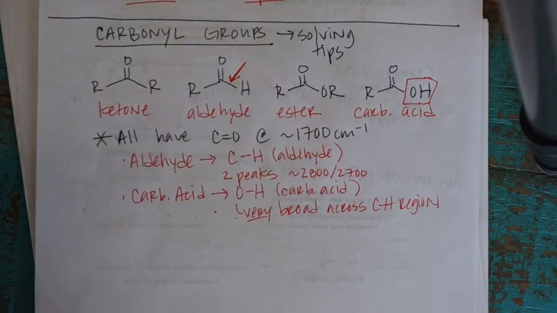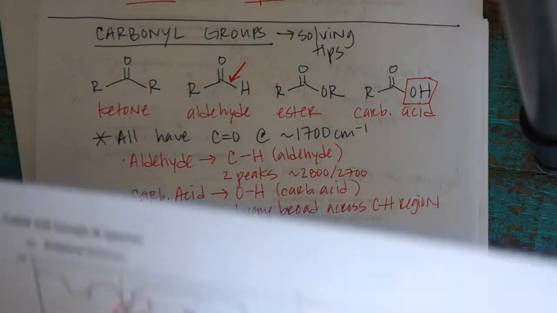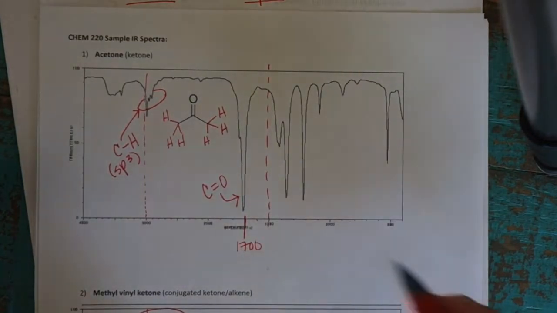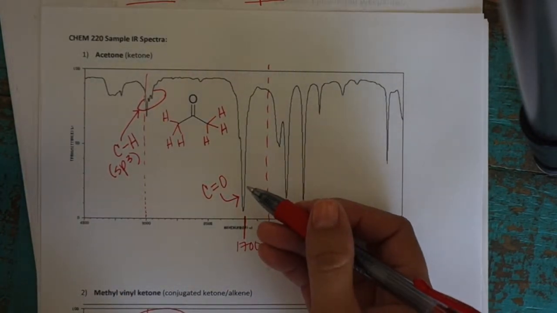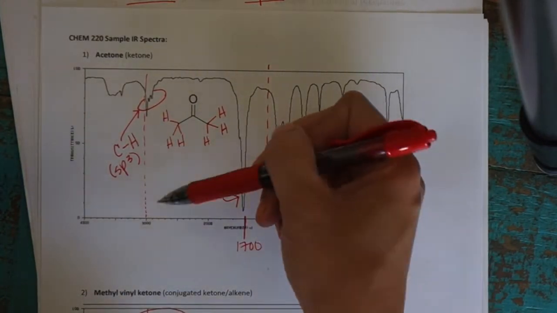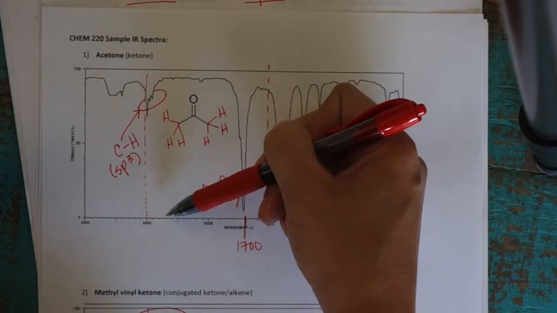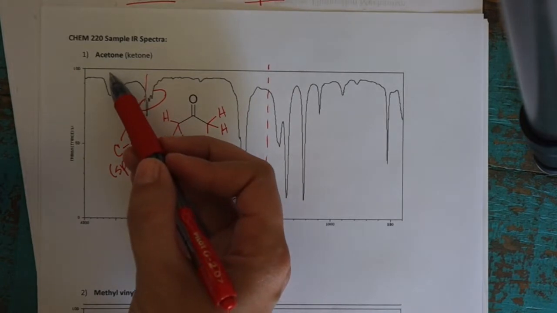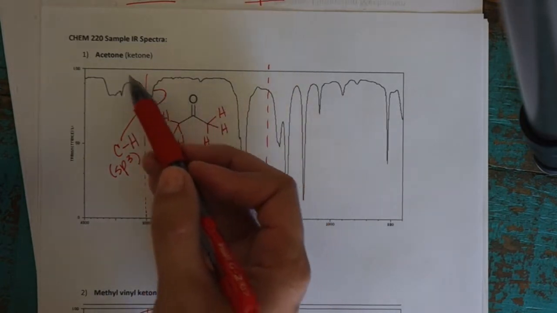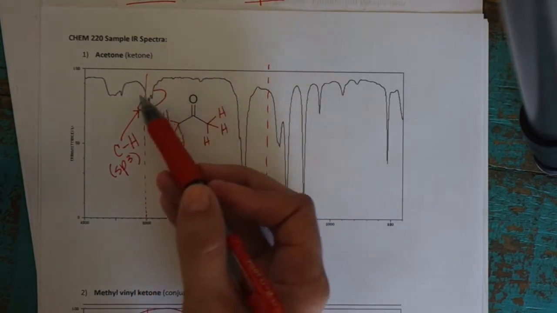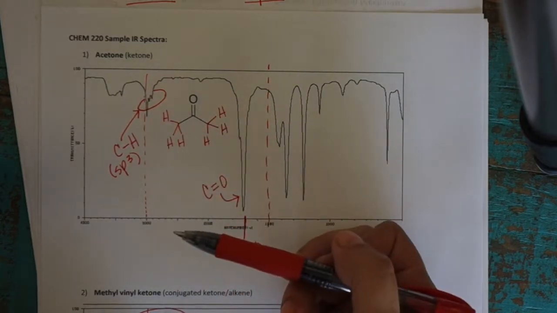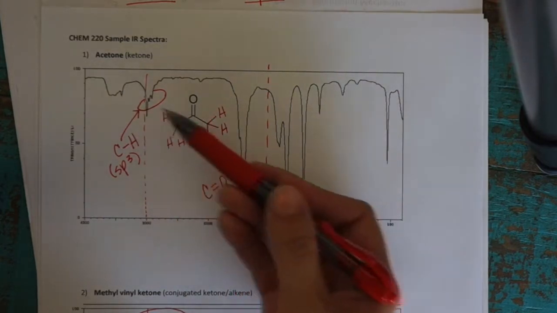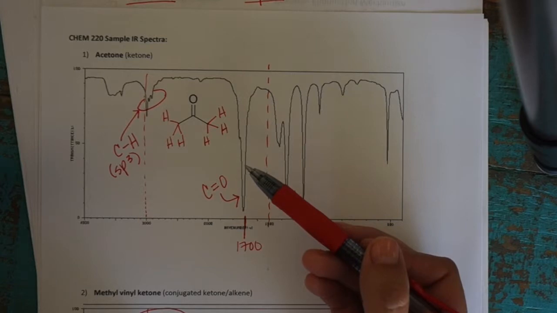Going back to our very first sample spectrum of acetone, remember it has a carbonyl, but you can see it doesn't have those peaks at 2800 and 2700 for the aldehyde. It doesn't have that broad stretching that makes the CH dip down farther, so it's not a carboxylic acid. So it's probably a ketone or an ester.